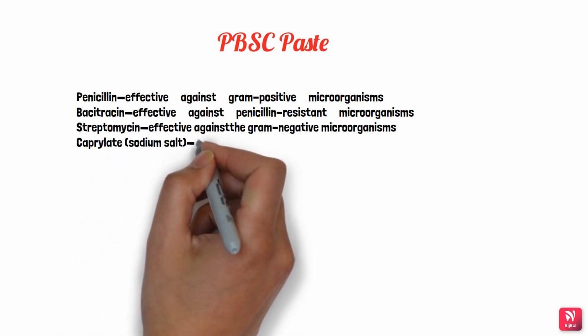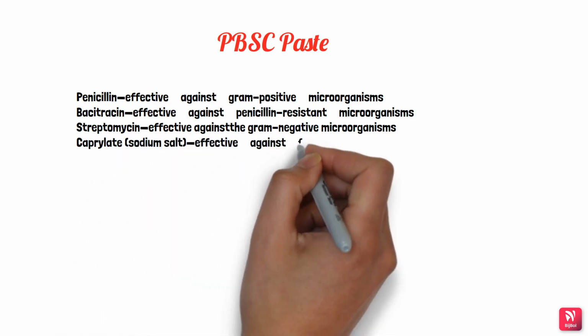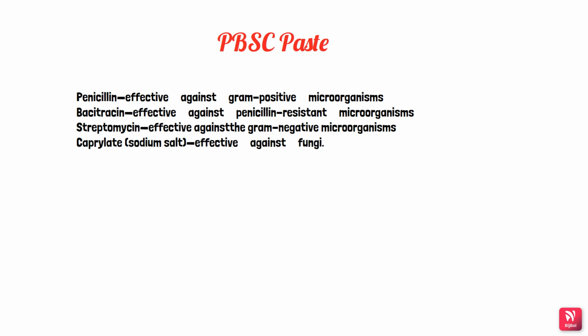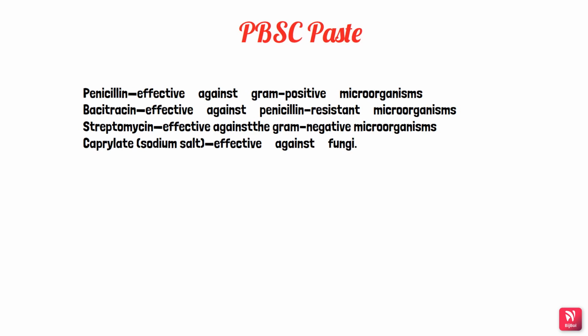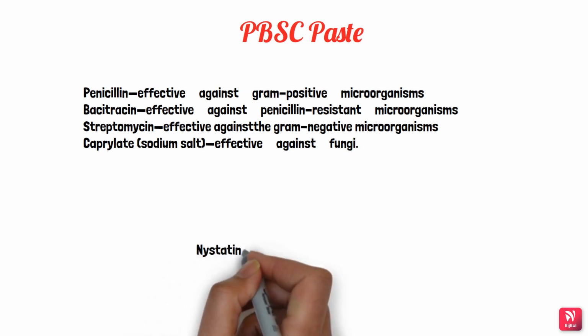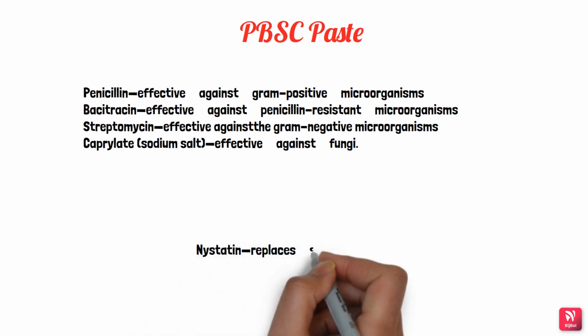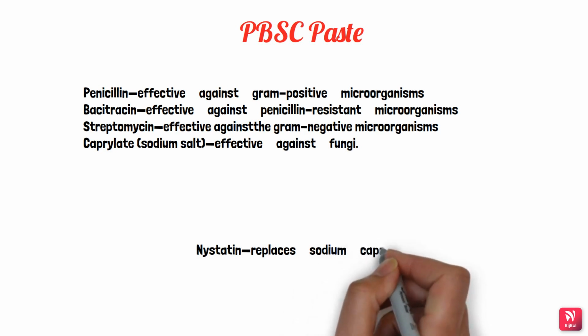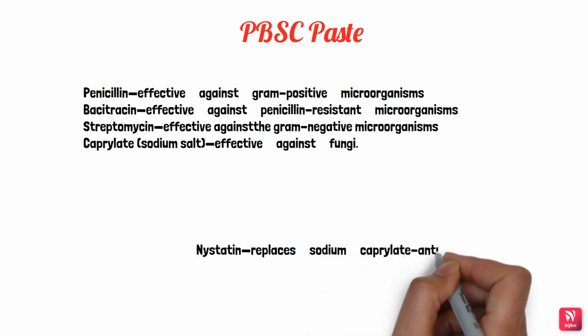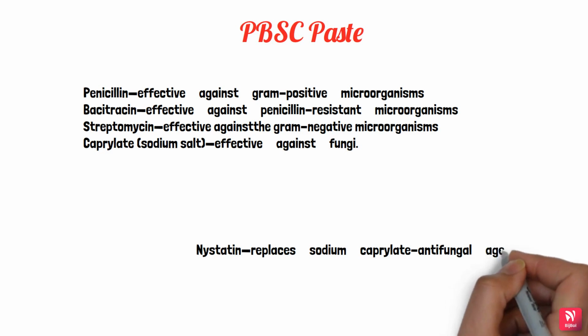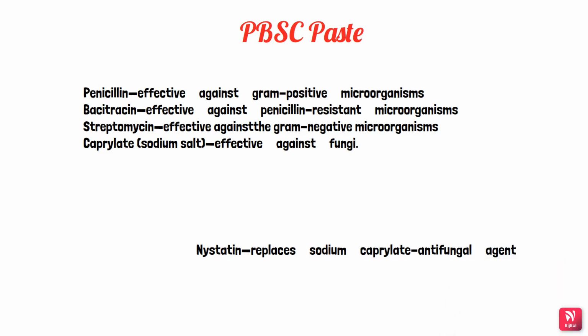And caprylate, which is the sodium salt, is effective against fungi. But nystatin will replace sodium caprylate as an antifungal agent and is available in the form of PBSN. So here it is now called a PBSN paste.